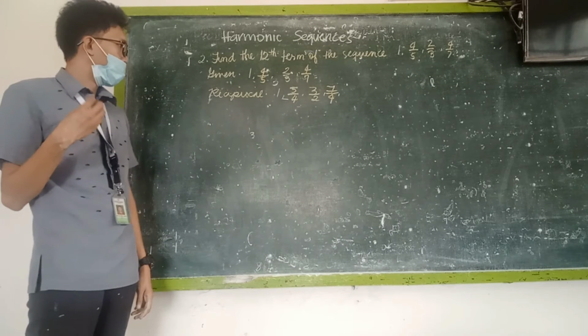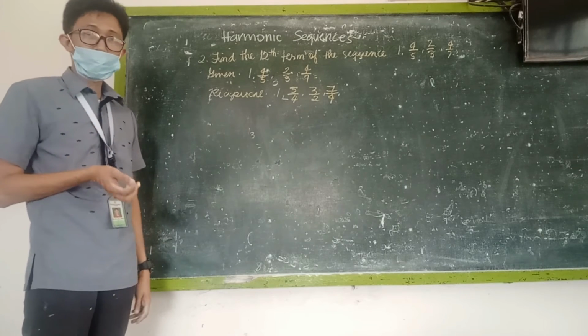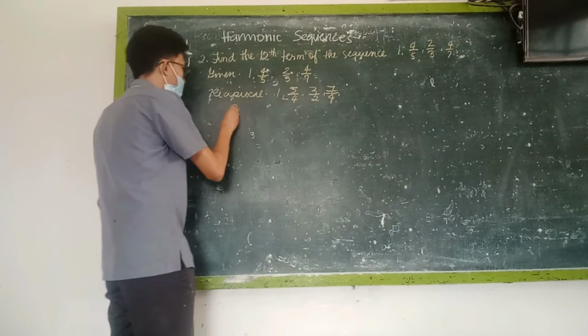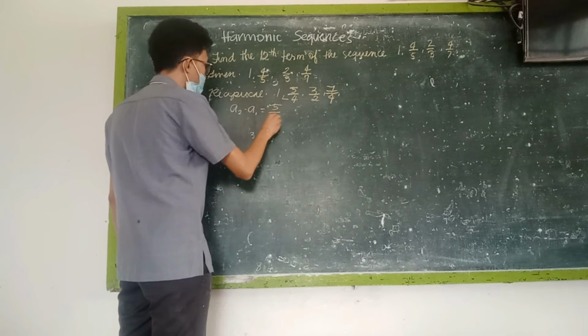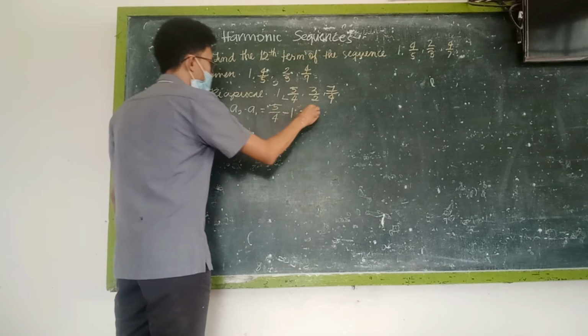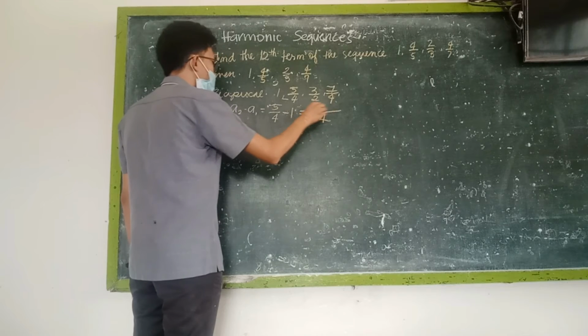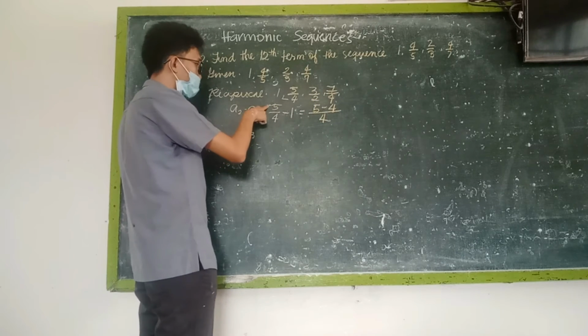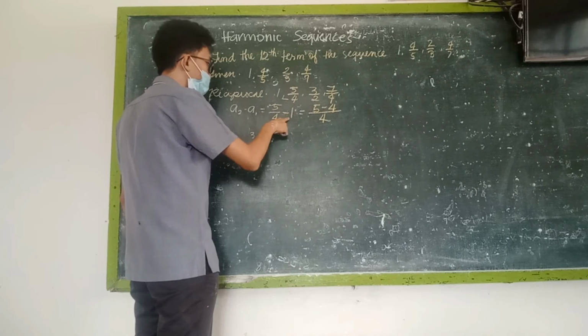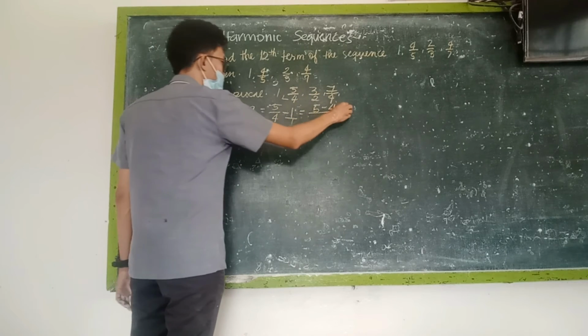So, makabuo ba tayo ng arithmetic sequence dito? Titignan natin. A sub 2 minus a sub 1 is equal to 5 over 4 minus 1. So, get the LCD. So, 5 minus 4. 4 divided by 4 is 1 times 5 is 5. 4 divided by 1 is 4 times 1 is 4.